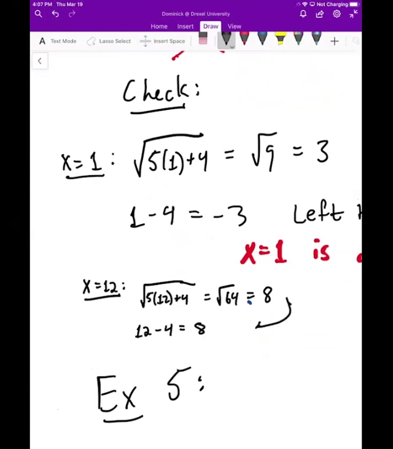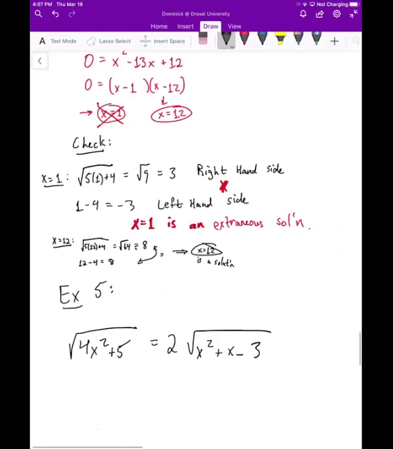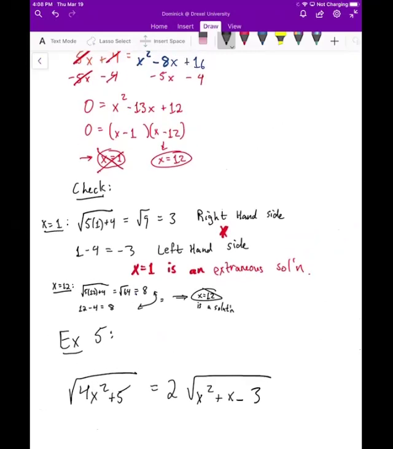So these two match, which means x equals 12 is still a solution. So in this case, x equals 12 will work. Again, 1 did not work because when we plugged it into the original equation, we got something different on the right and left-hand sides.